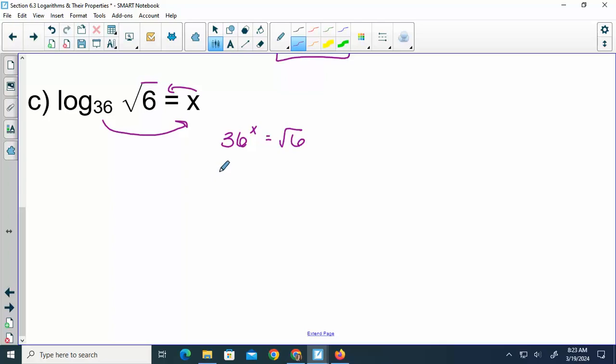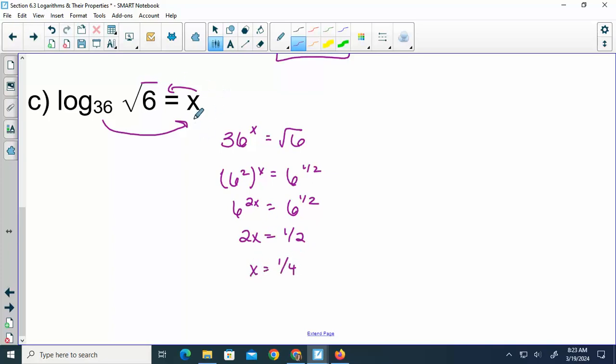Okay, 36 is 6 squared. The square root is a 1/2. So 6 to the 2x equals 6 to the 1/2, so x is 1/4.